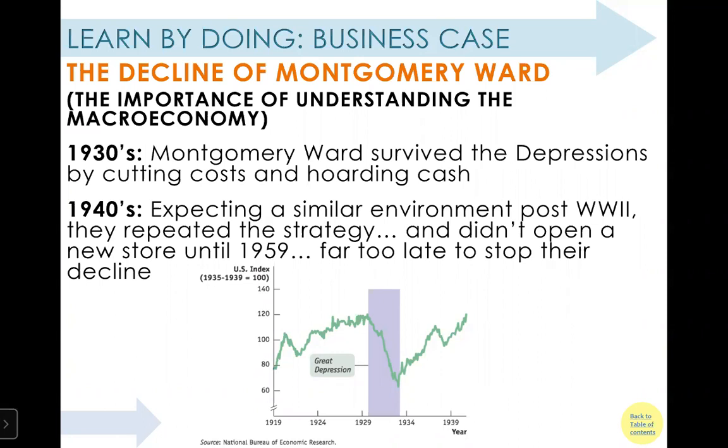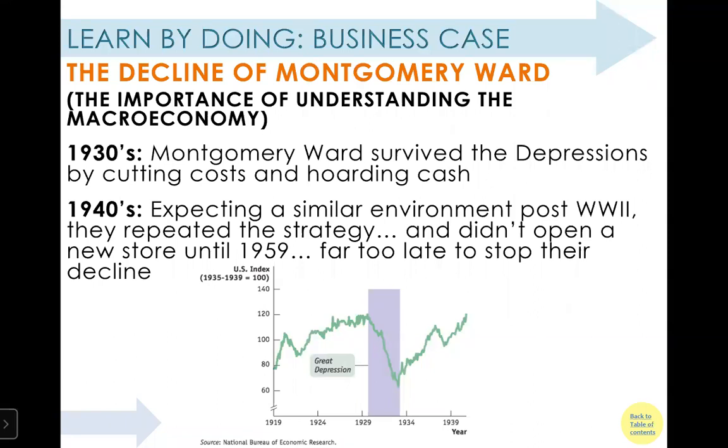When there's deflation, cutting costs and hoarding cash preserves the value of your cash. In fact, the value of the cash increases over time because of the decline in the price level. That helped this company survive the Great Depression.